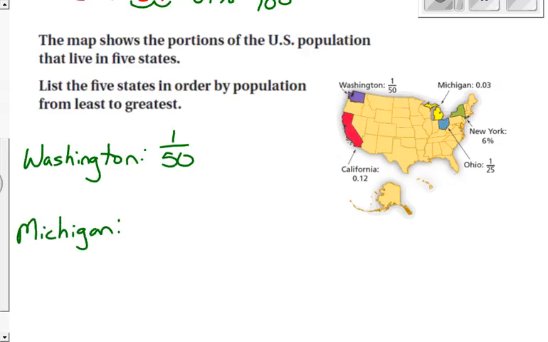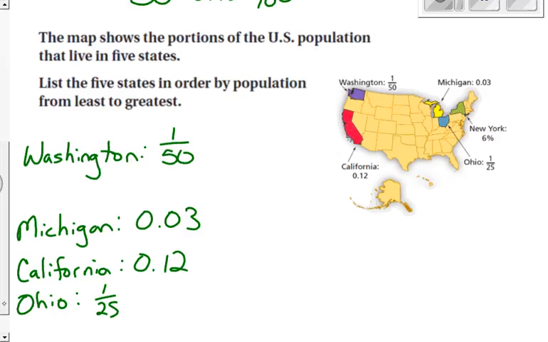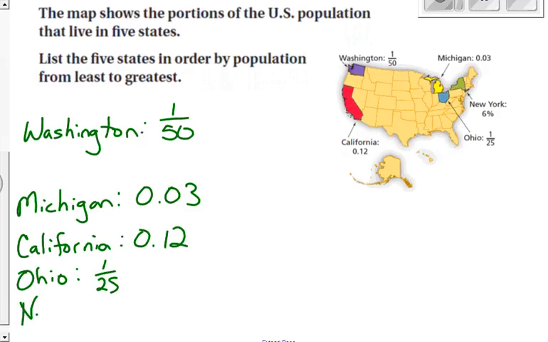It has a population of 0.03. Then we have California. It has a population of 0.12. Ohio has a population of 1/25. And New York has a population of 6%.